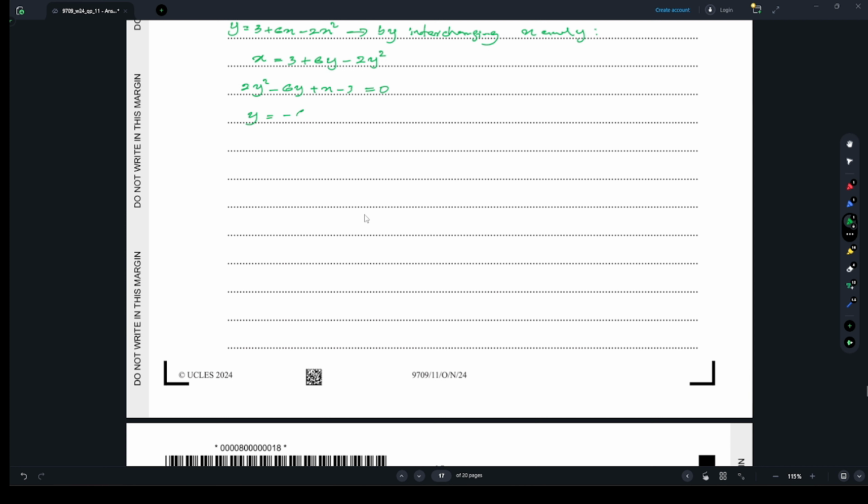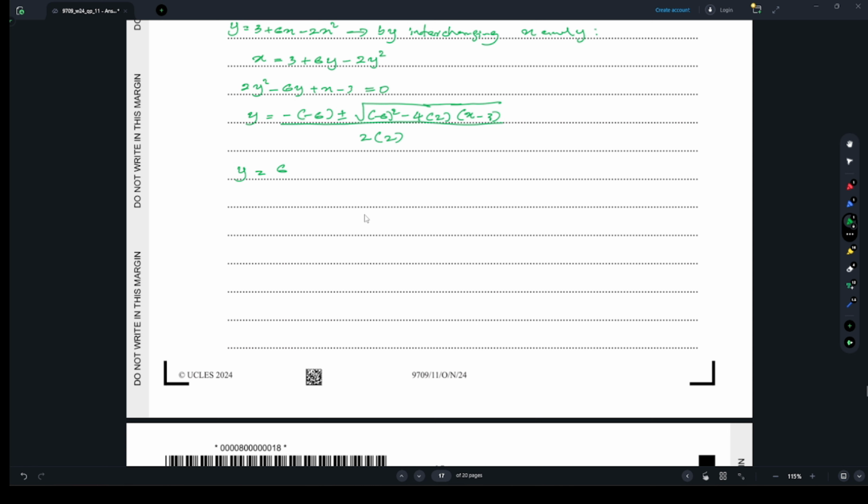So I will use the formula. So minus b, b is 6, and then minus b square, 6 square minus 4, a is 2 and c is x minus 2. So divide by 2a. Okay, so you have to simplify a little bit.